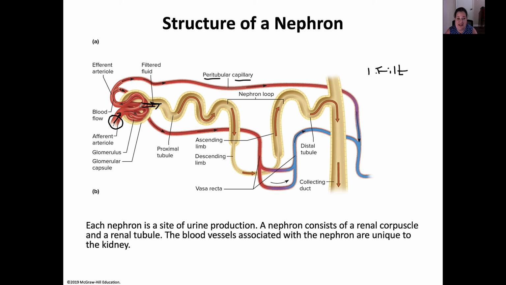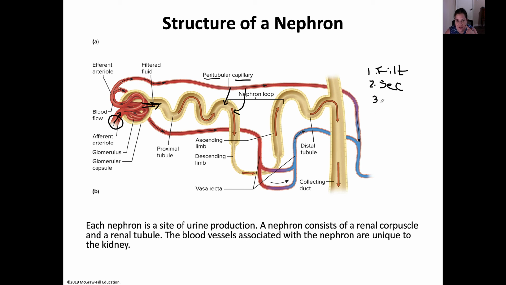It is moving things out of the blood into the tubule at the glomerulus. Then we can have something called secretion. Secretion is later, at the peritubular capillary. We can actively secrete things into the tubule that are also going to end up in the urine.